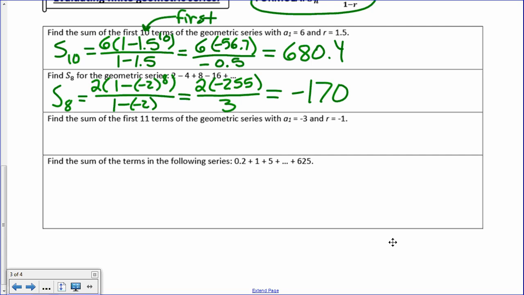But also keep in the back of your mind that we have a sub n. Be very careful as you guys are entering it into the calculator.